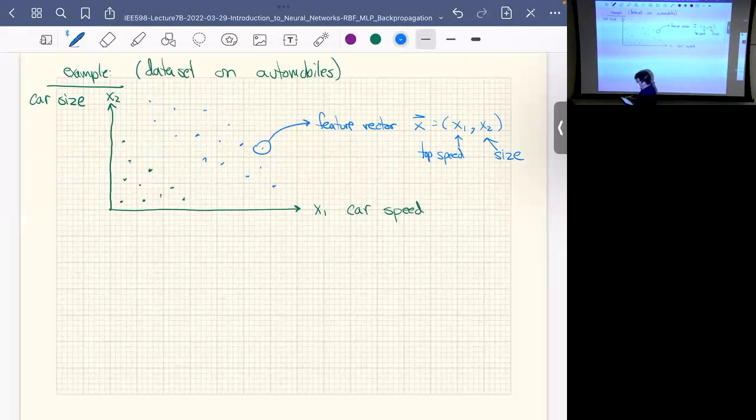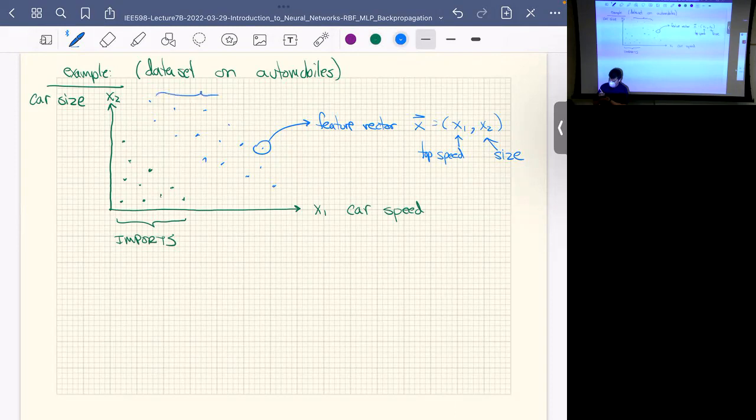And so it may just be that these are the imports and these are the American cars. Maybe, I don't know, something along those lines there.